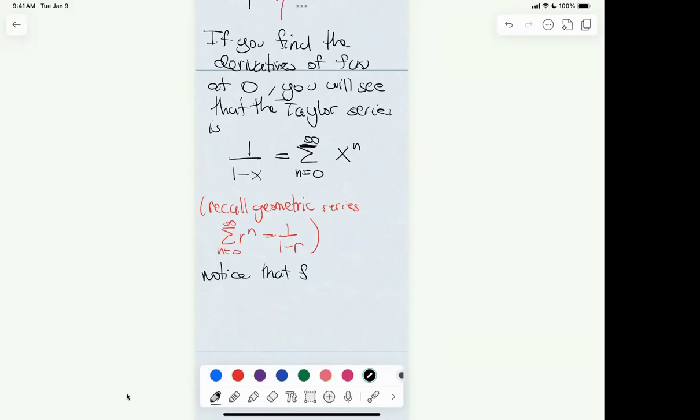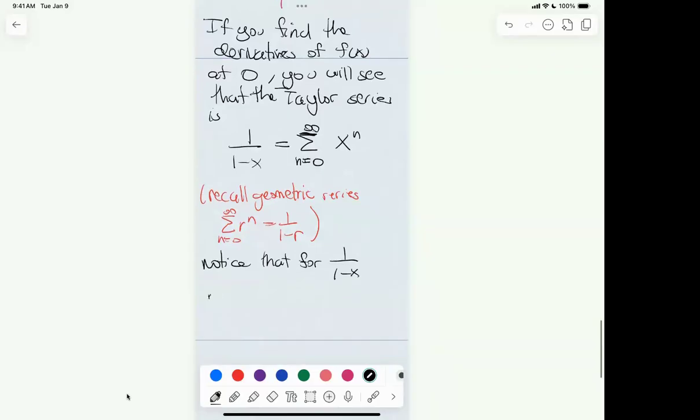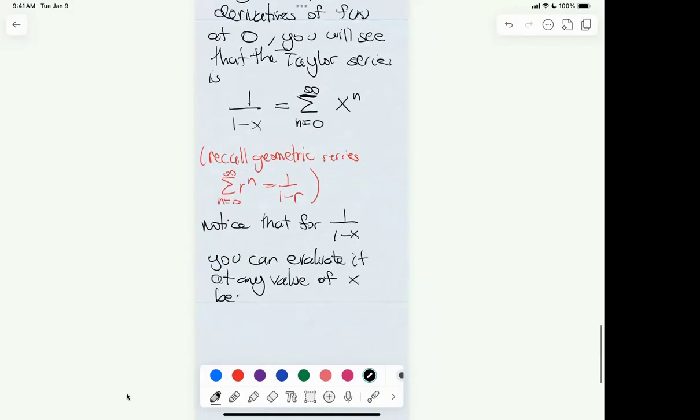So notice that you can use any value besides one, evaluate it at any value of x. Whereas the geometric series, we know that the geometric series is only valid when the absolute value of x is less than one, so it's between -1 and 1.